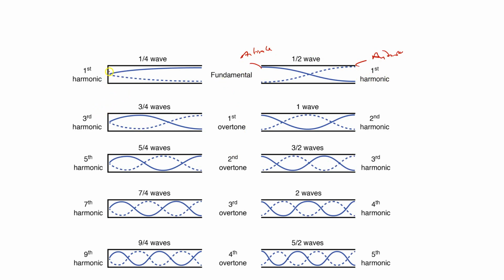Similarly, if you were to look at the closed end, you would have a node right here, and an antinode at this point. It continues along the same pattern. So that's just a view of what is taking place here.